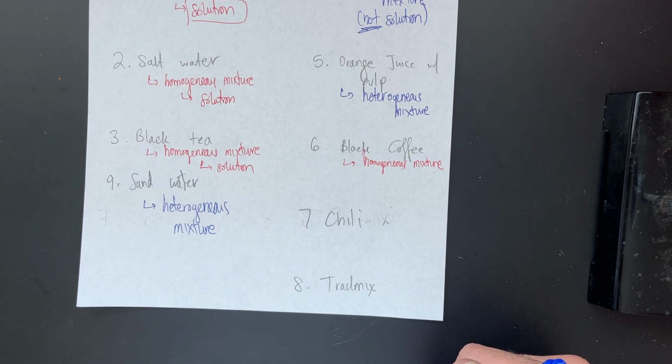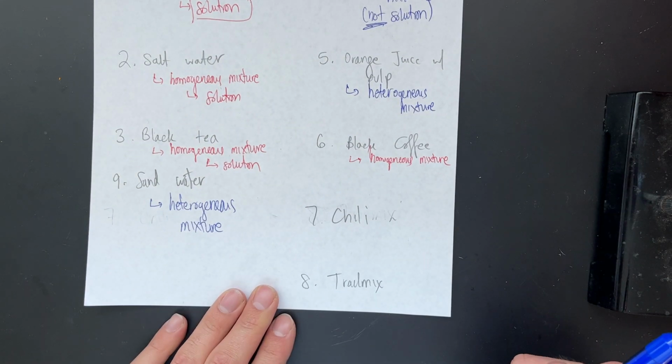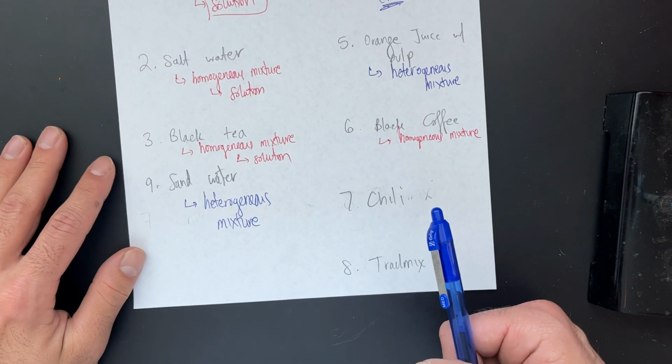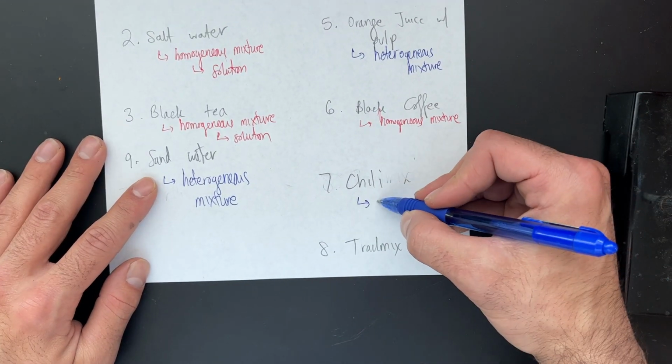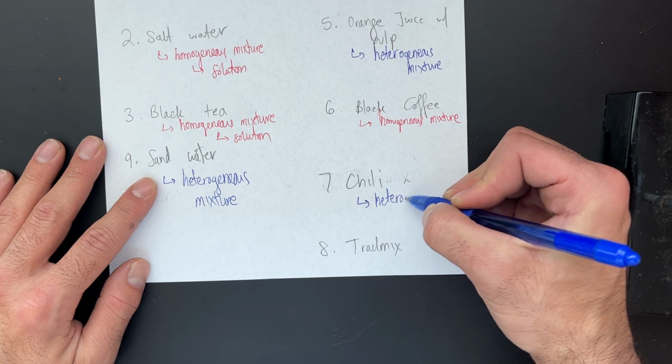For the most part, there's parts to chili. You could separate it out. There's the tomatoes versus the onions versus the peppers, and cilantro, etc. I'm sure people make great chili, which I don't know about. But the point is, there's parts to chili. It's not the same. It is a heterogeneous mixture.